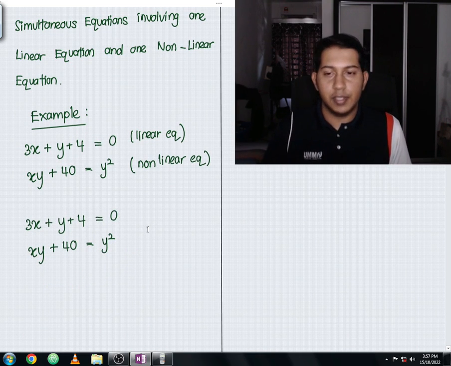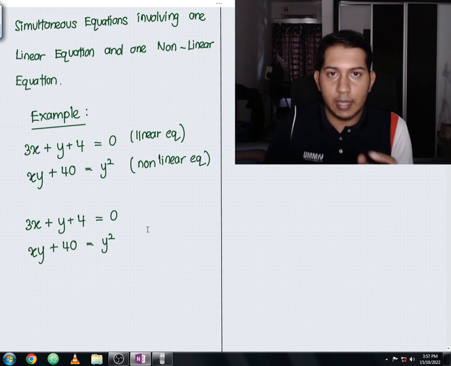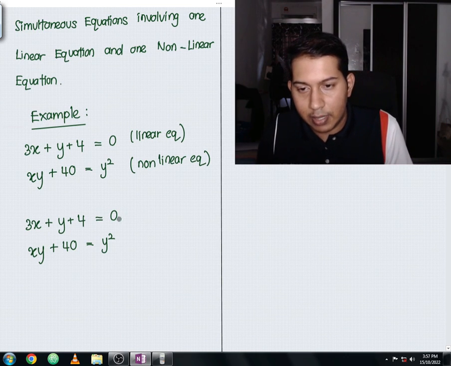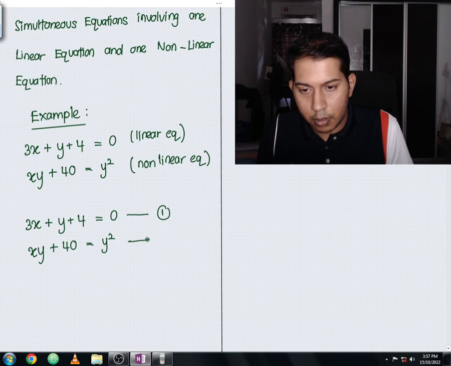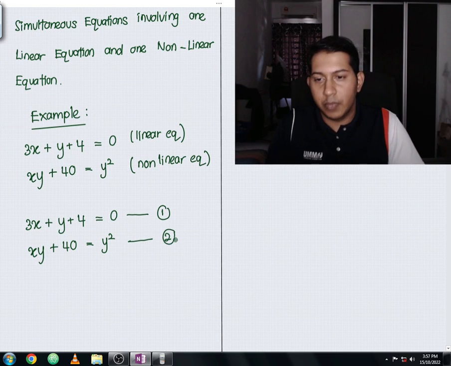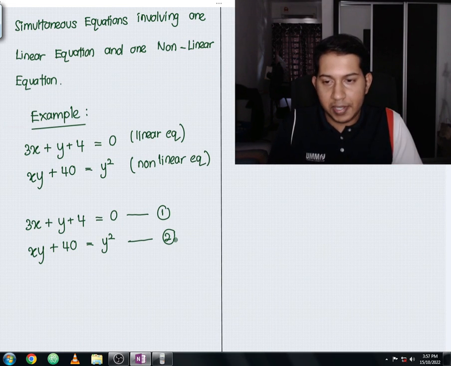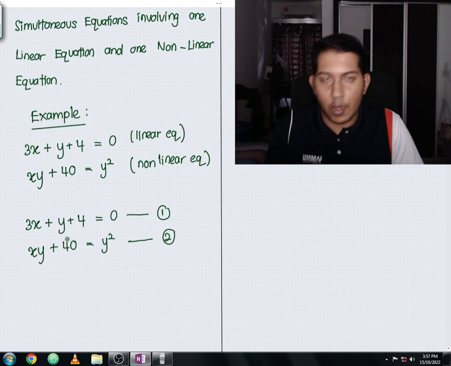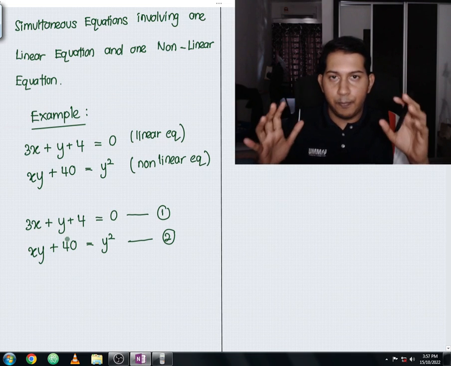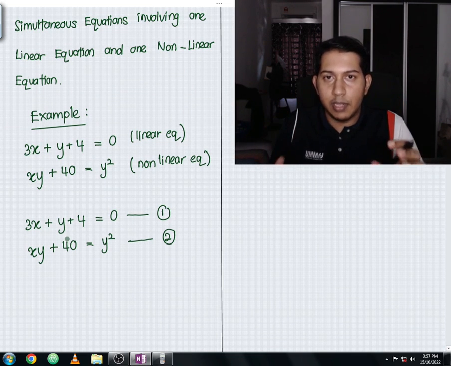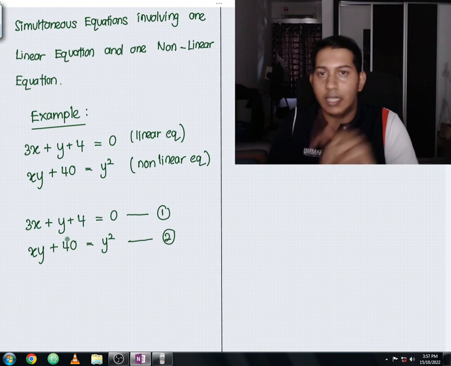To solve this, similar concept to the previous subtopic, you need to label these equations in number form. Let me label this as equation 1 and equation 2. The basic step we need to do is, since in this question you have two variables, you need to reduce the two variables into one single variable.